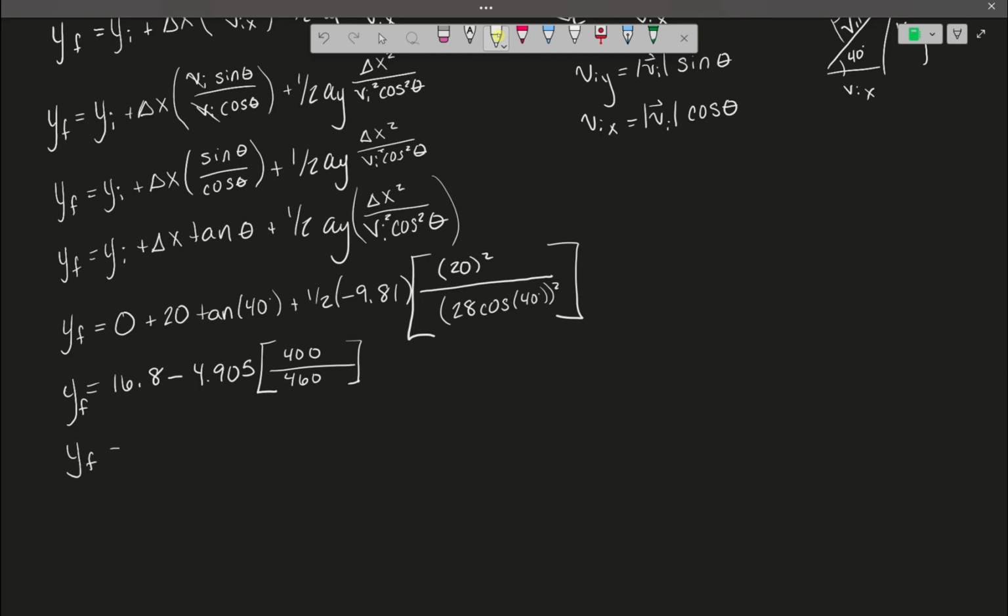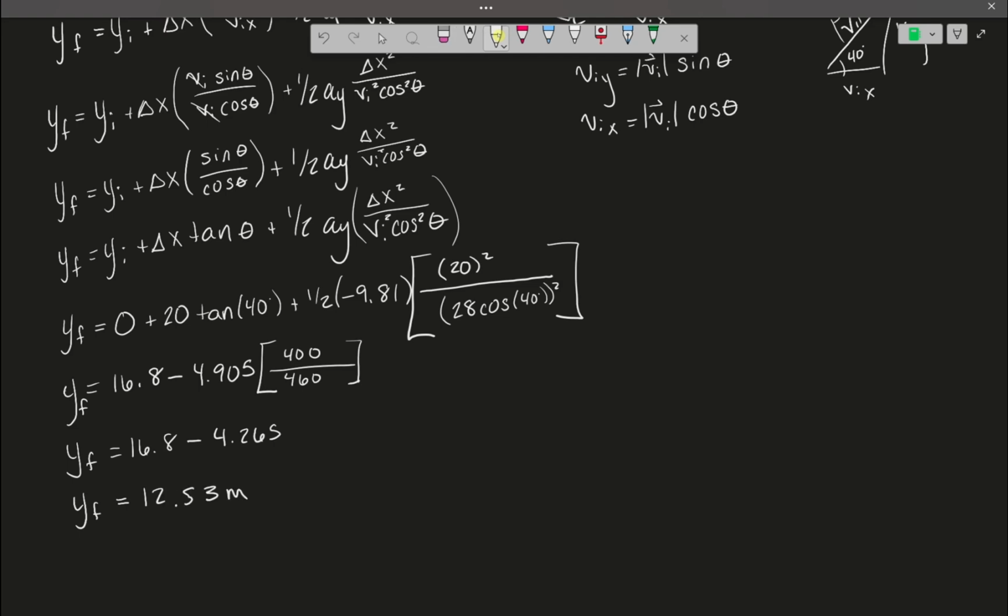And I'm going to punch it in the calculator again. Is 4.265. So my final position in the y direction is going to be 12.53 meters.